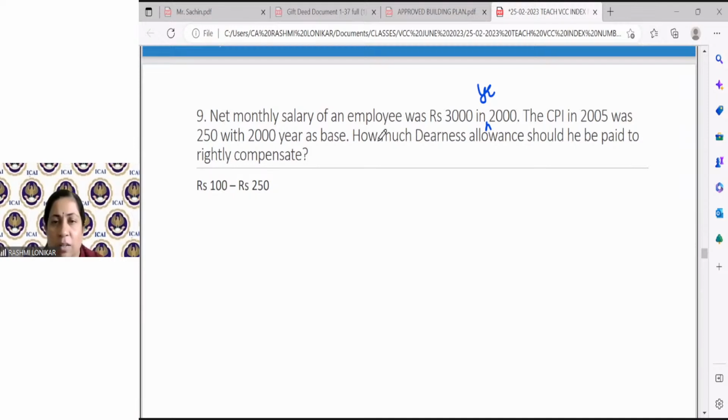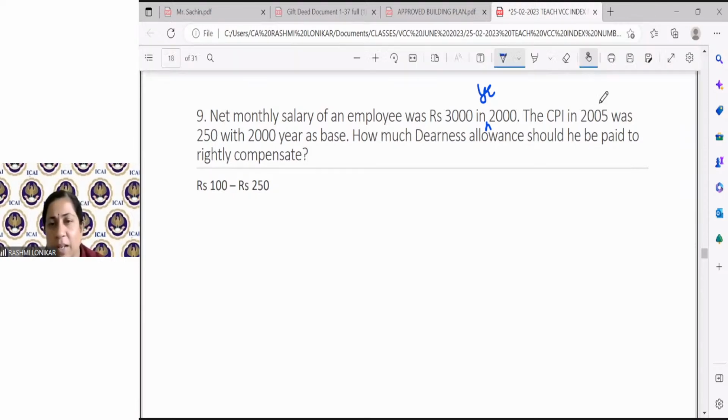Means what? This consumer price index in 2005 is 250, means that any salary, suppose you were getting rupees 100, it should now be rupees 250. Okay, that is the meaning of this consumer price index of 250.